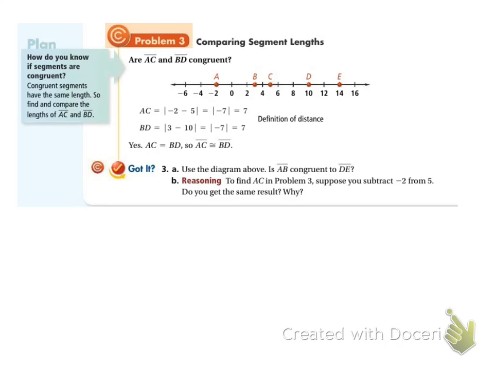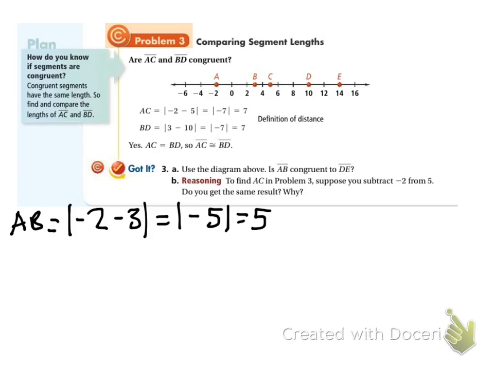Okay. They want to know, is AB congruent to DE? Well, AB is equal to the absolute value of -2 minus 3, which is the absolute value of -5, which is equal to 5.